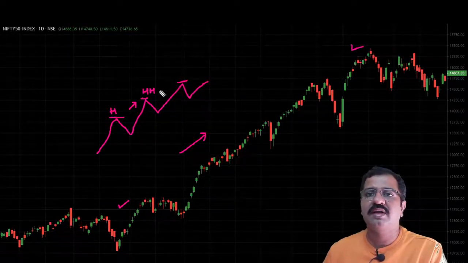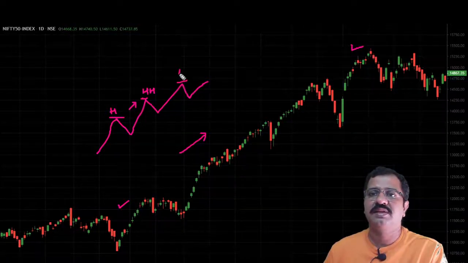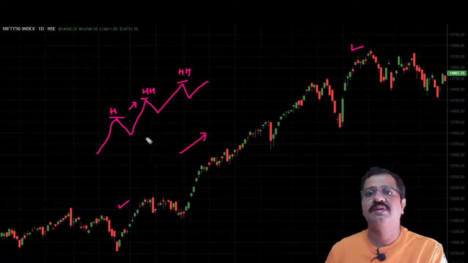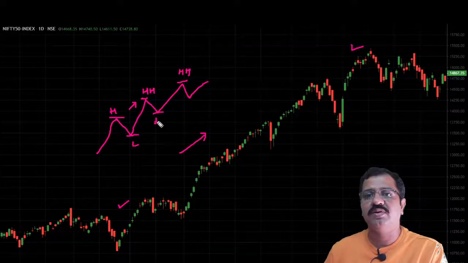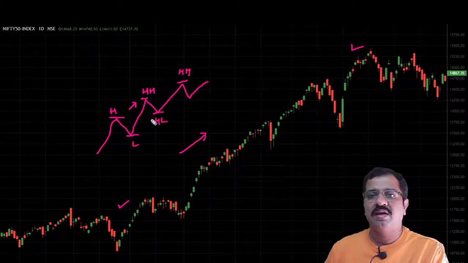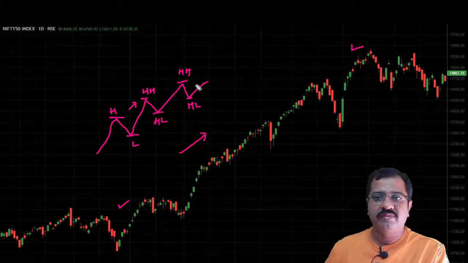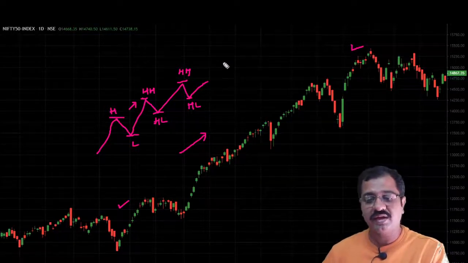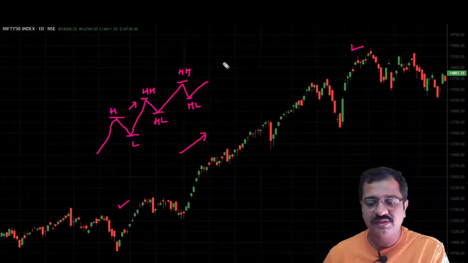This high again is higher than the previous high, so this is also a higher high. This is a low, right? And this is a higher low, because this low is higher than the previous low. This is another higher low. So when higher highs and higher lows are forming on a chart, it is in an uptrend.